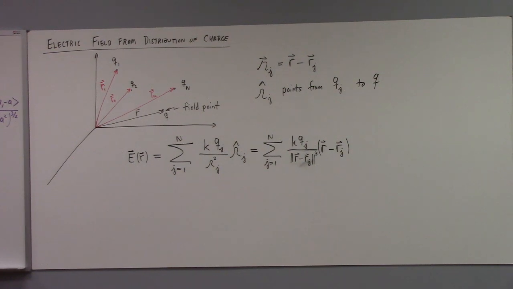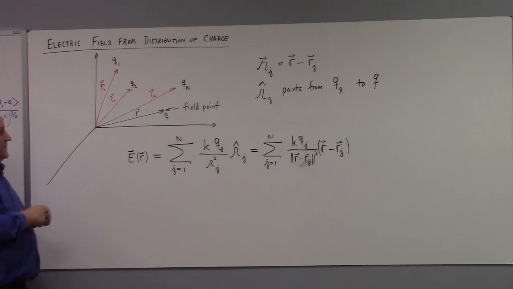What happens if instead of having a discrete collection of charge, you have a continuous distribution of charge, like a line charge or a surface charge, or even a volume charge? How would you find the electric field in that situation?